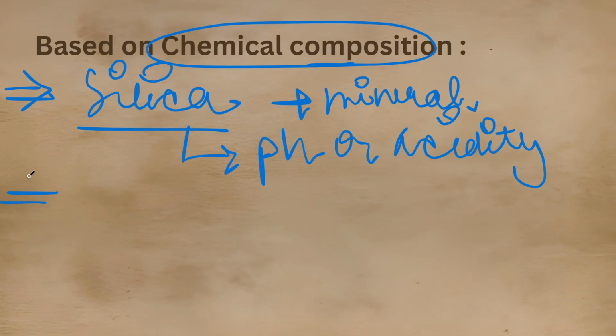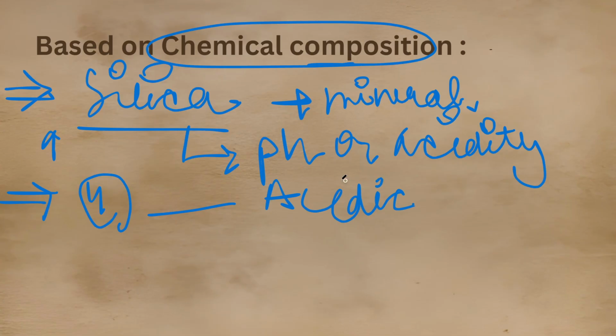If a rock contains more silicate minerals, that means it is acidic in nature. So based on the acidic condition of the igneous rocks, rocks can be classified into four categories. First is acidic igneous rocks. As the name suggests, the content of silica is 65%, and the example is granite. Second is the basic igneous rocks.